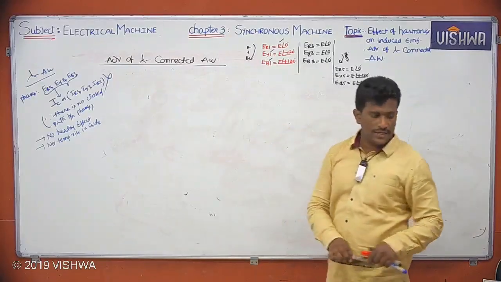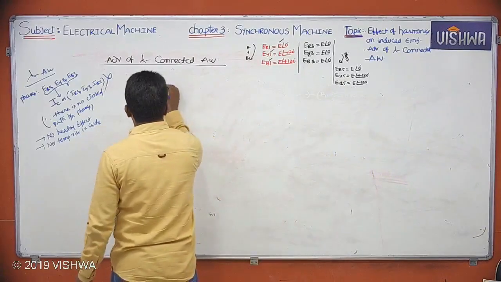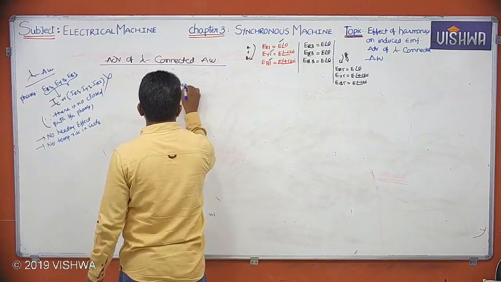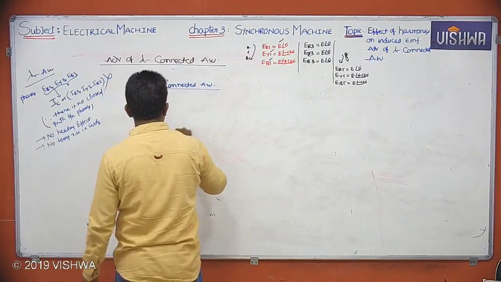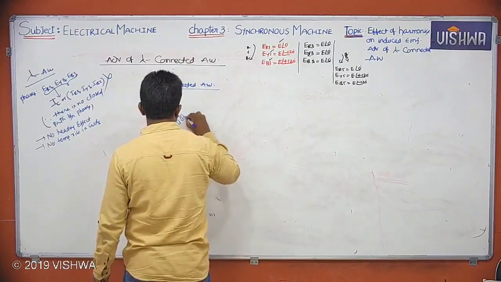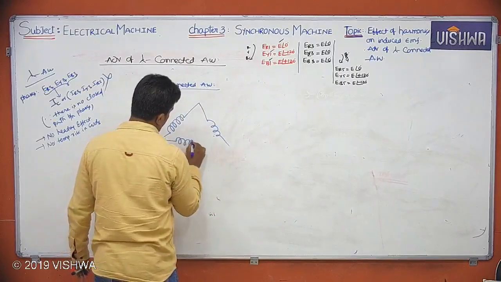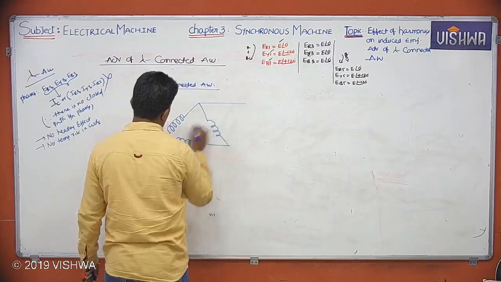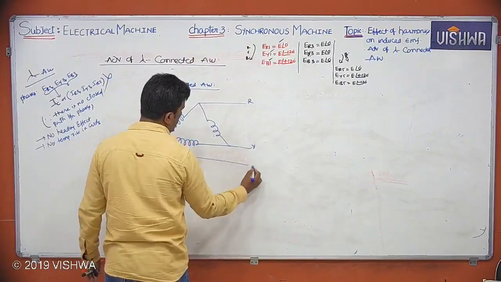Now, instead of star connected, if you take delta connected armature winding, please take the armature winding in delta connected like this. Let's see R phase, Y phase, B phase.